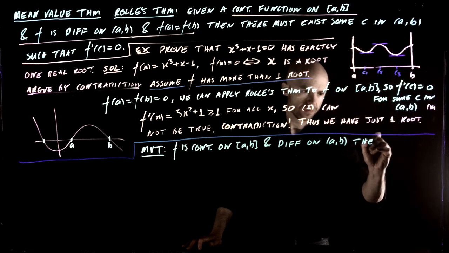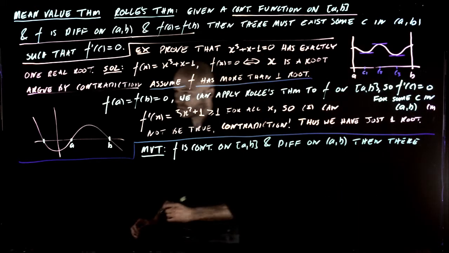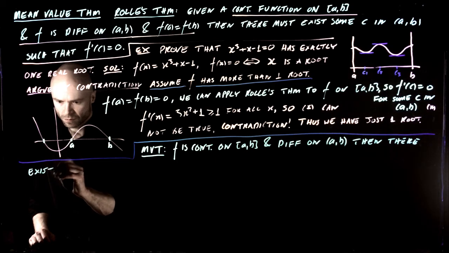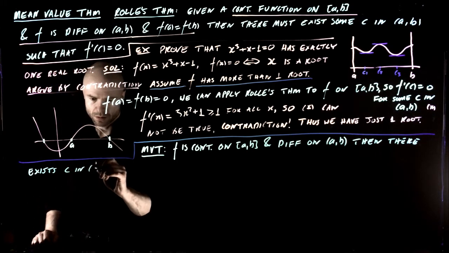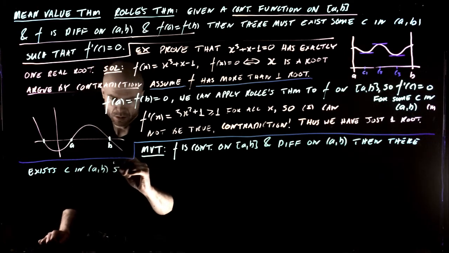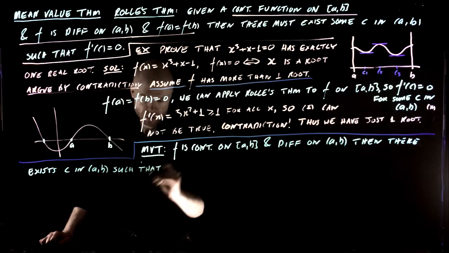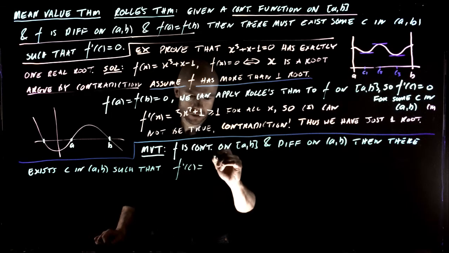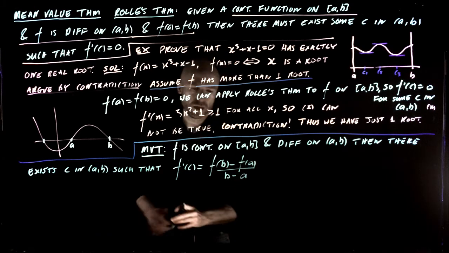Then there exists c in (a, b) such that f prime of c is equal to f of b minus f of a over b minus a.